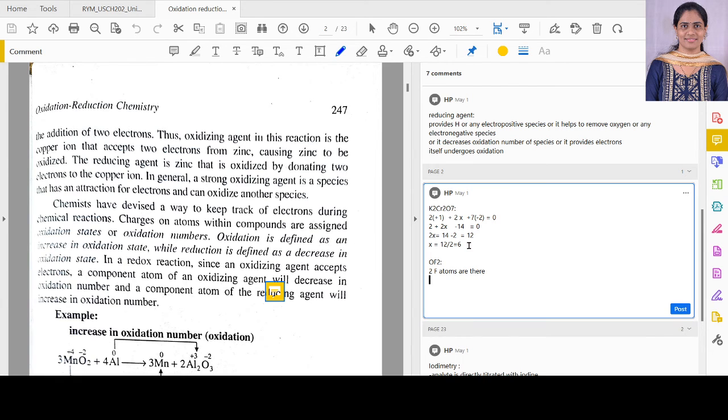So here one fluorine is 1-, so two fluorines will be 2-.